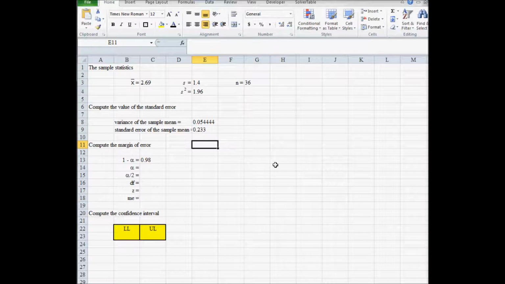Next, we're going to compute the margin of error. Now, because sigma is unknown here, we have to use an estimate of sigma. In this case, we're going to use the sample standard deviation as an estimate for the thing that we cannot know, sigma. And for that reason, we have to use a confidence interval that replaces z with t in the margin of error and sigma with s.